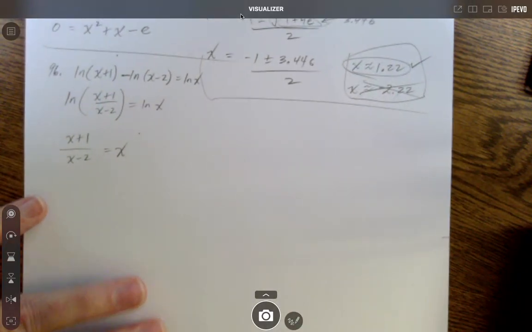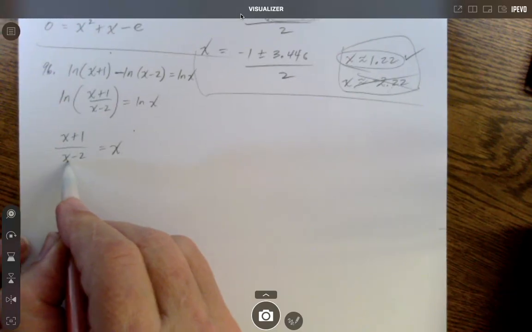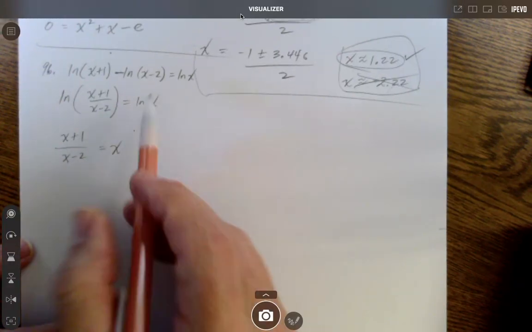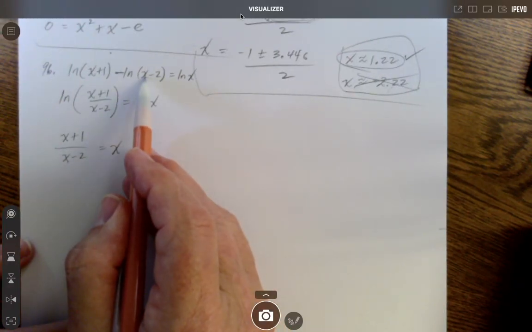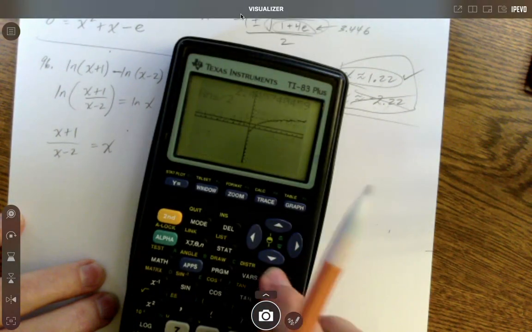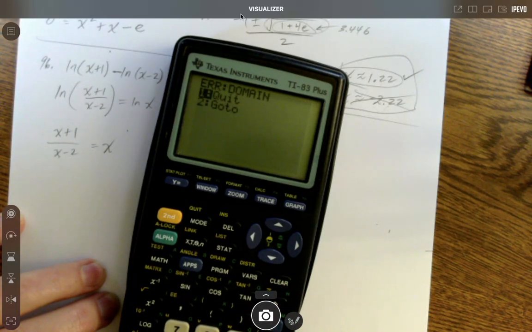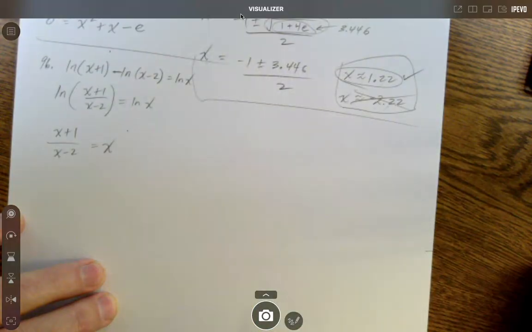Now you're just doing algebra. Now remember, x cannot equal 2, right? As you can see here, x can't be 2 because 2 minus 2 is 0. And can you take the natural log of 0? No, it's a domain error.